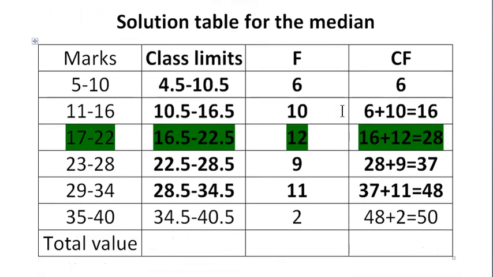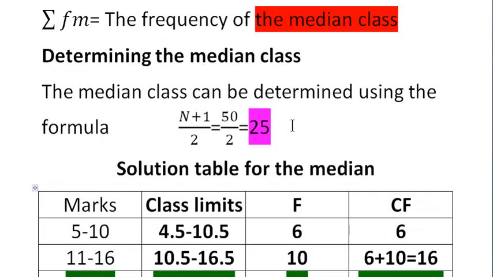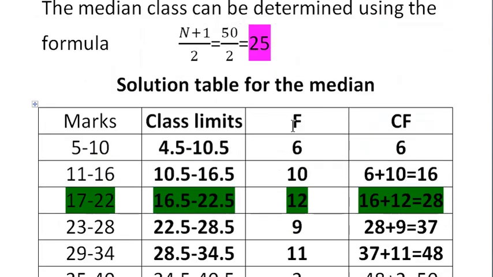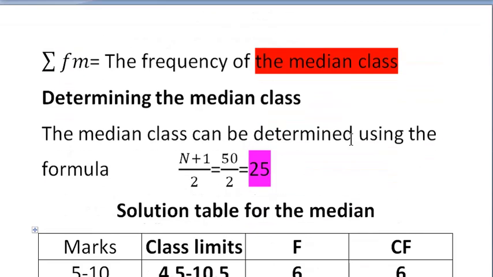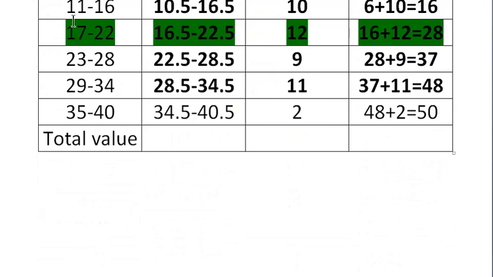Okay, then from here we shall calculate whatever we want to calculate. The first thing we're going to trace is the lower limit of the median class. On this class now, the lower limit should be equal to, on this range, check the green marker, the lower limit is 16.5.